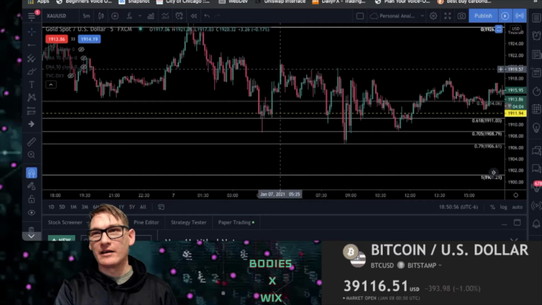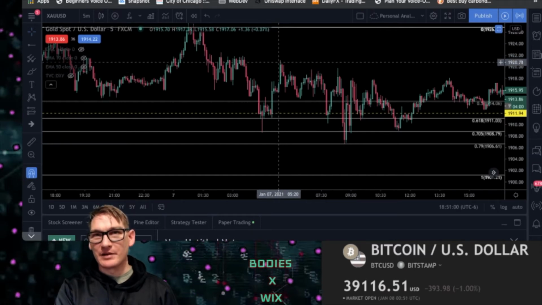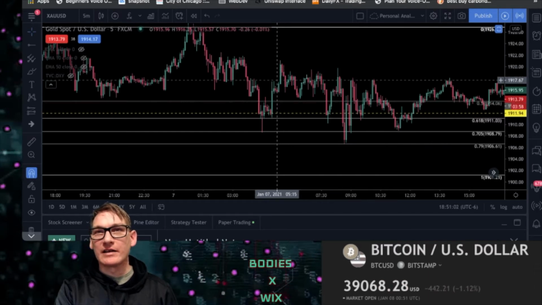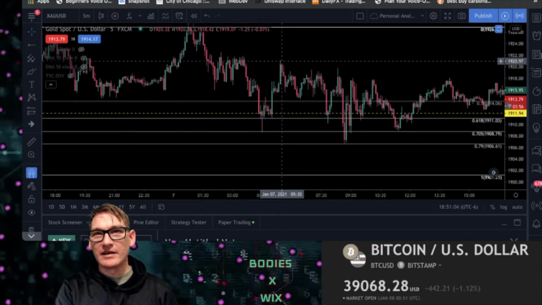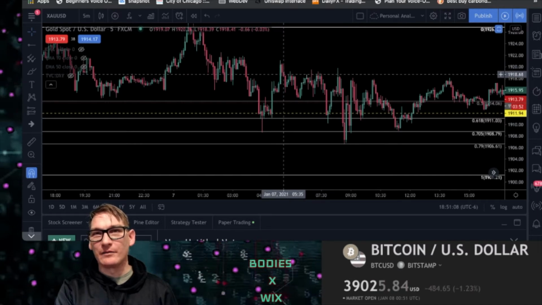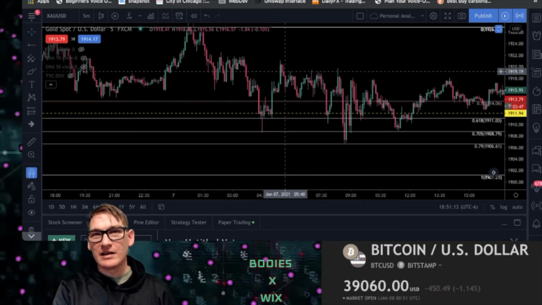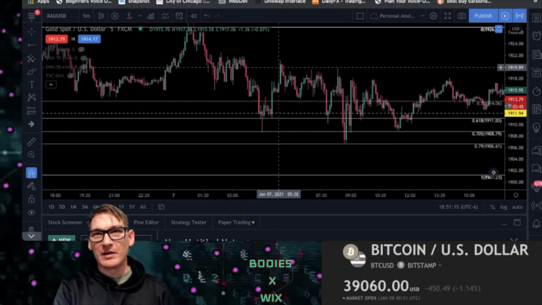I got out at around 1918, so it was somewhere around here, because it was pulling back when I got out. I was hoping it was going to clear these highs, and if I didn't see it clear those highs on the first run, I wasn't going to wait to see if it would try on a second one. So I got out at 1918, a good 60 pips to wake up to.